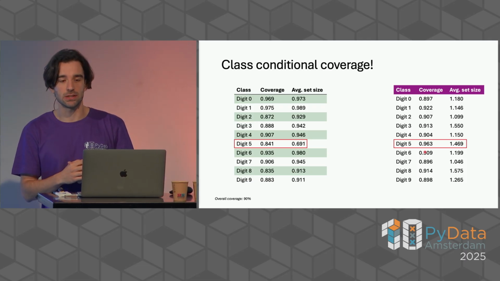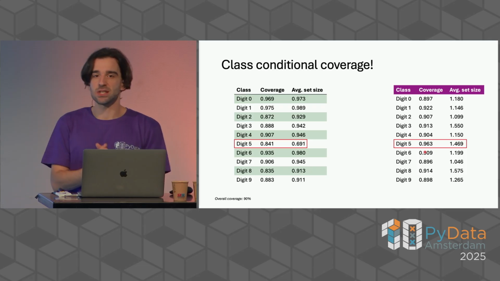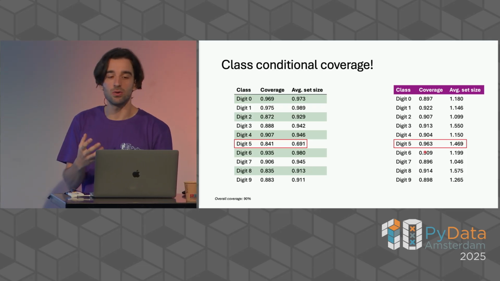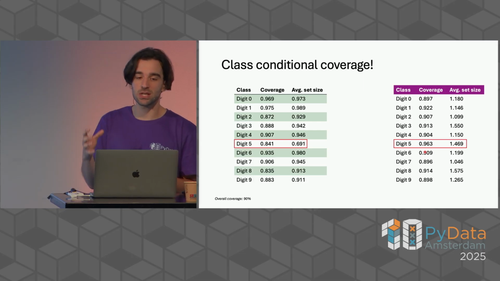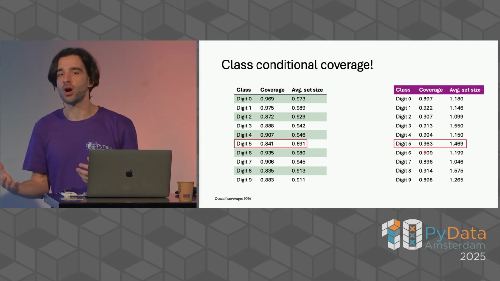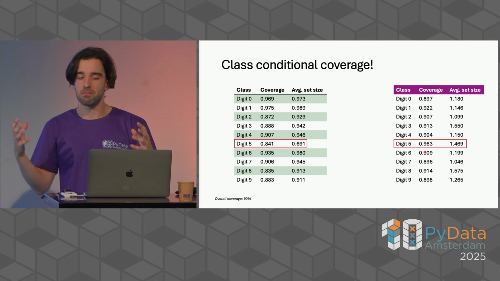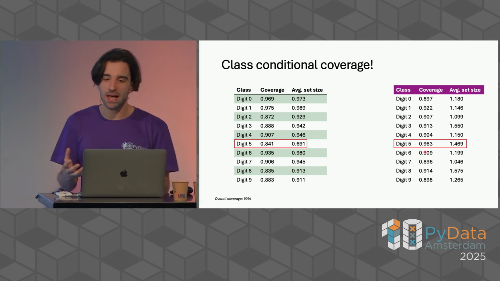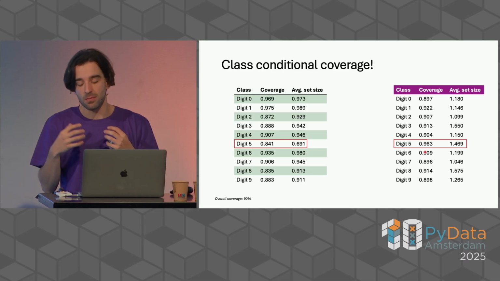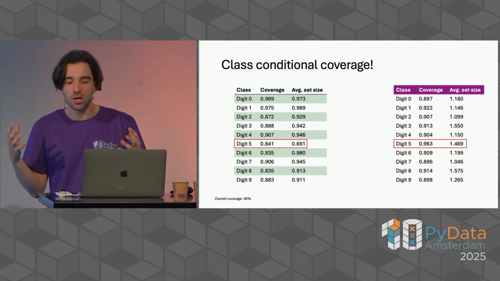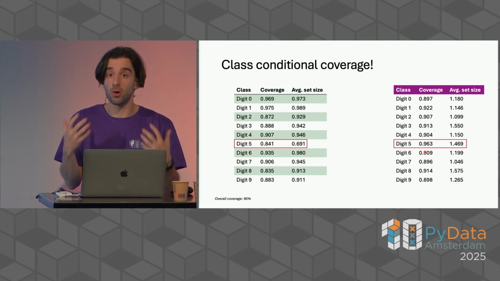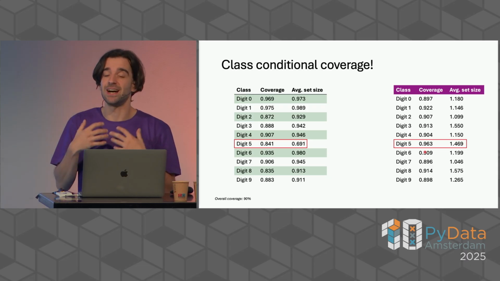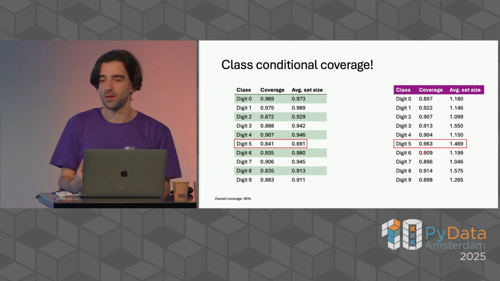I have the average set size next to it on purpose. What I want to illustrate is that it goes from 0.691 to 1.4, which means the prediction set is getting bigger. This is the price we pay for protecting the rare classes, and the prediction set will most likely be larger. It contains more plausible values, more possible outcomes, to achieve that higher coverage.